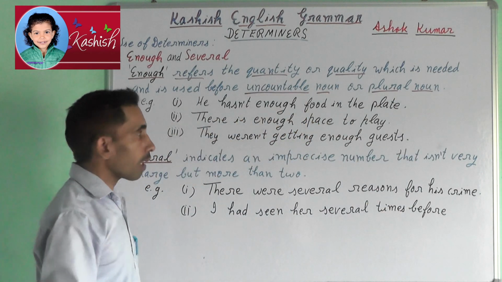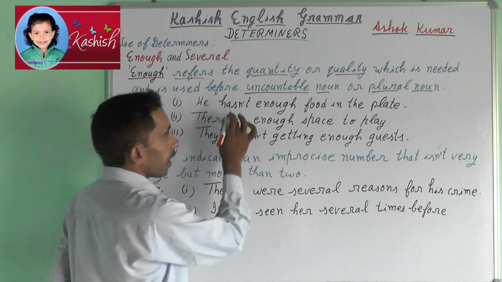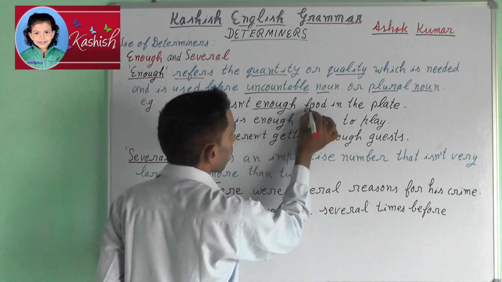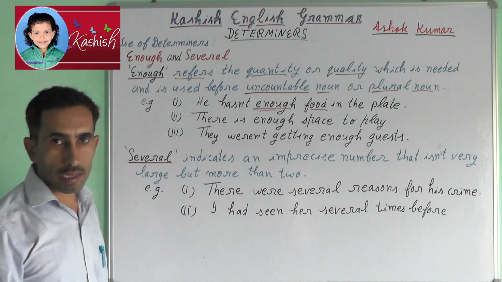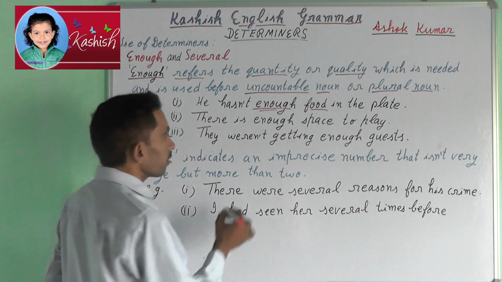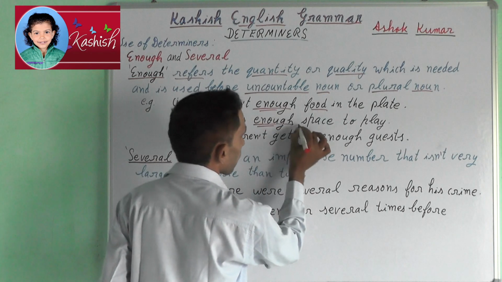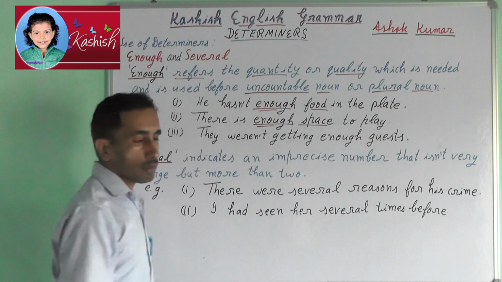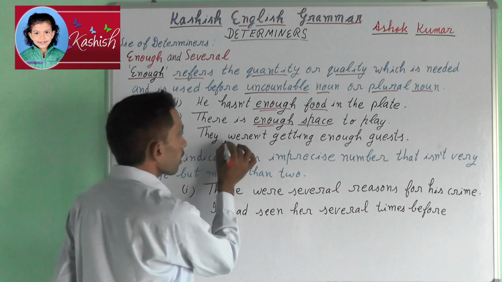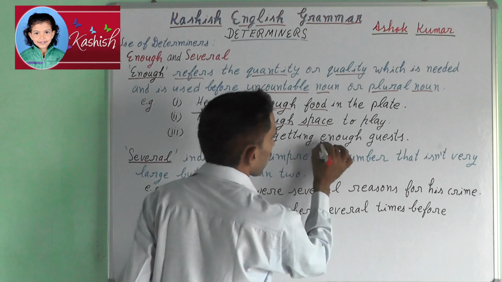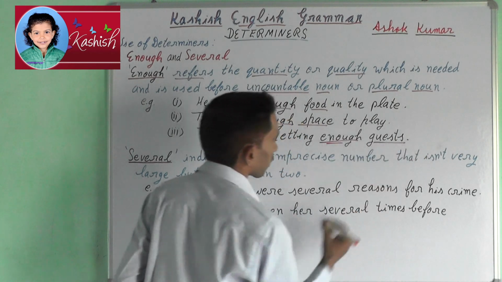For example, he hasn't enough food on the plate. Next, there is enough space to play. Next, they weren't getting enough guests.